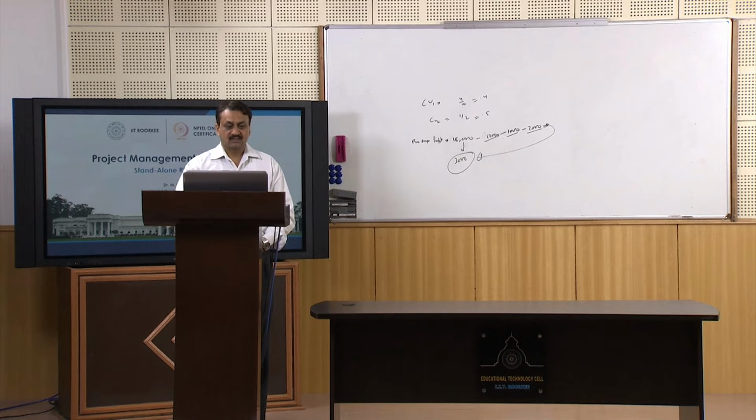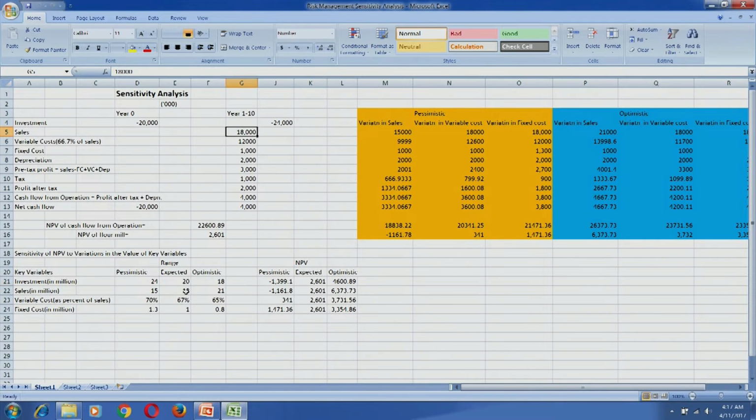So, our recent sales is 18,000, right, and let us say if sales comes down to 15,000, what will happen to NPV, right. So, this is our pessimistic scenario and sales is now 15,000, right.